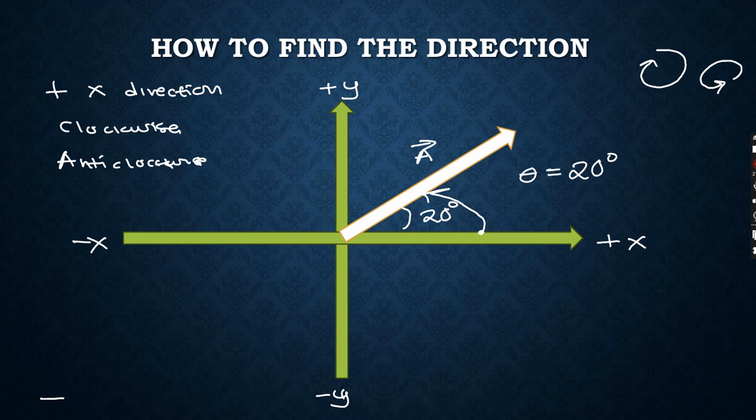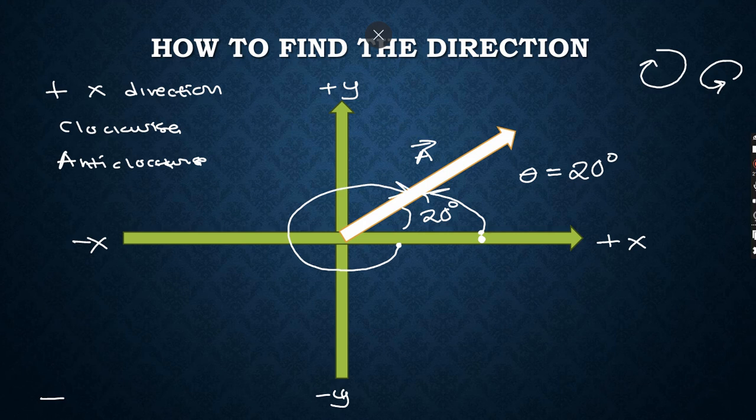What about clockwise? Clockwise means we are still starting from the positive x direction, but we are going to move in the clockwise direction. The anti-clockwise is what we were measuring before. So now we move clockwise from here all the way to where the vector is.